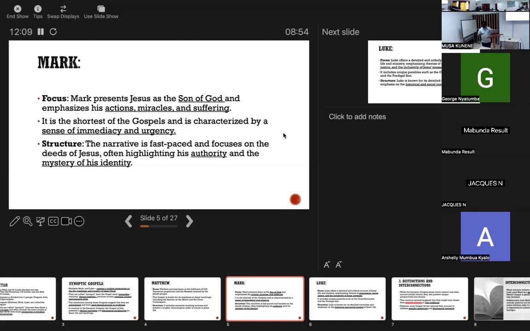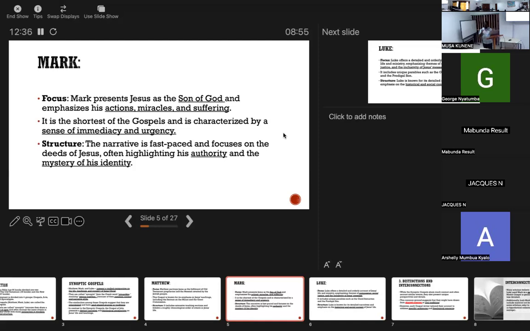He will use the word "immediately" almost more often than the other gospel writers, because things are happening quite swiftly in this gospel. Things are happening quite quickly. It is the shortest, but characterized by a sense of immediacy and a sense of urgency.